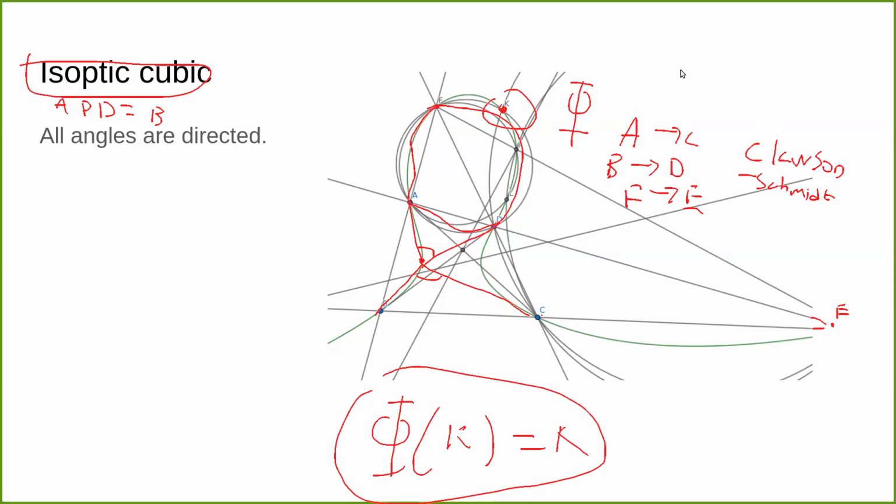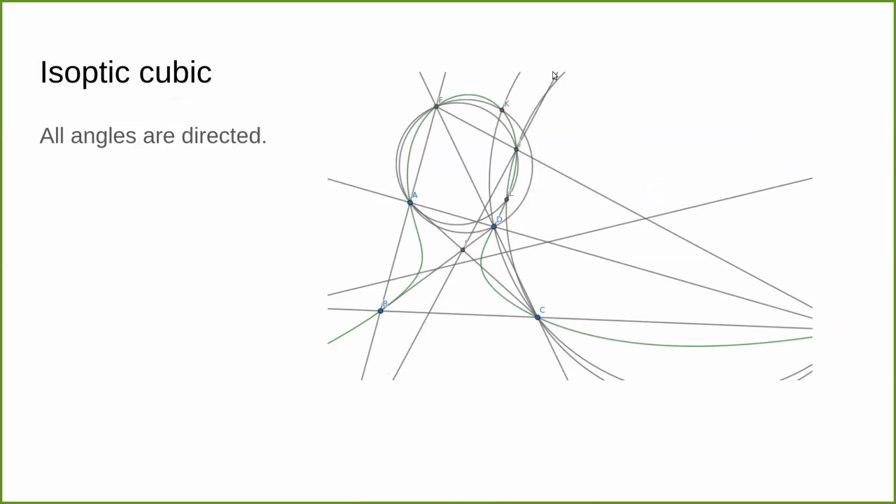So what are some example points that I will go through? What are some points that have this? This should be, sorry, this is flipped.